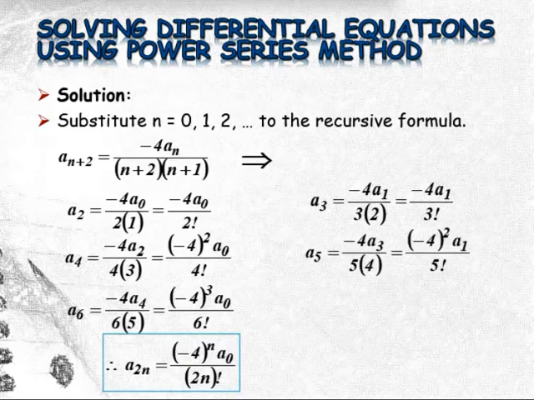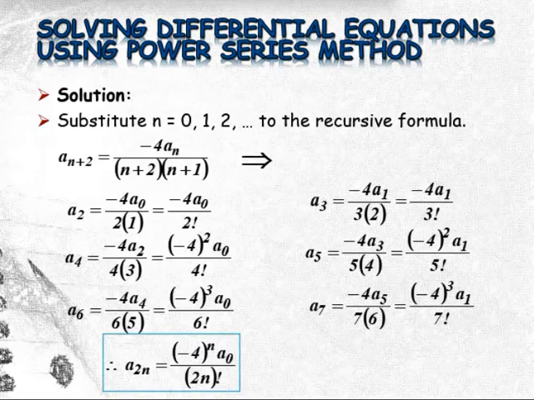A sub 5 is negative 4 times a sub 3 over 5 times 4. Rewriting, you will have negative 4 squared times a sub 1 over 5 factorial. And a sub 7 will give us negative 4 times a sub 5 over 7 times 6. In factorial expression, negative 4 raised to 3 times a sub 1 over 7 factorial.